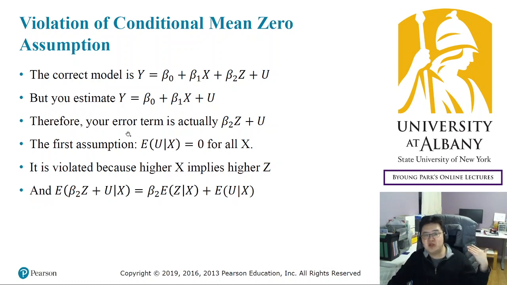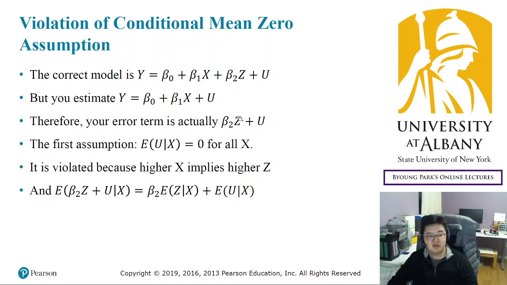So there should be no pattern, no trend in the error term with respect to the regressor. However, it is violated if you replace the error term with this. So this is your virtual error term, including Z.